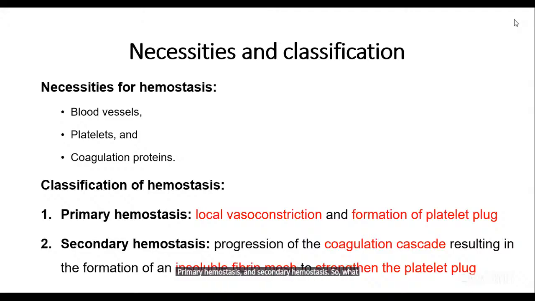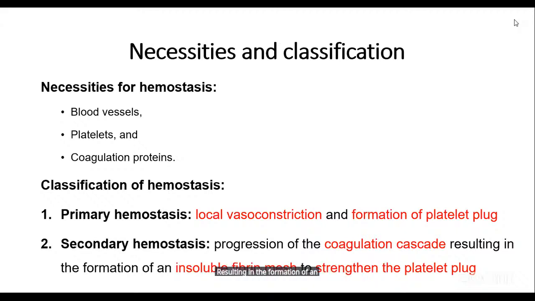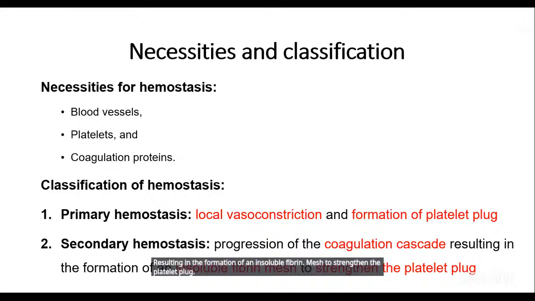So what are the elements of primary hemostasis? The first one is local vasoconstriction, and the second one is formation of a platelet plug. And secondary hemostasis is actually the progression of the coagulation cascade, resulting in the formation of an insoluble fibrin mesh to strengthen the platelet plug.